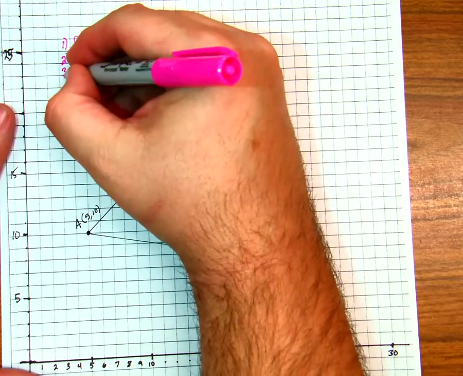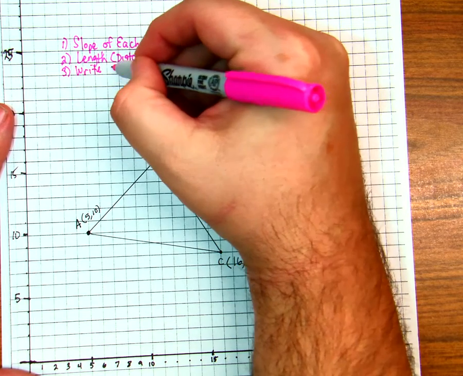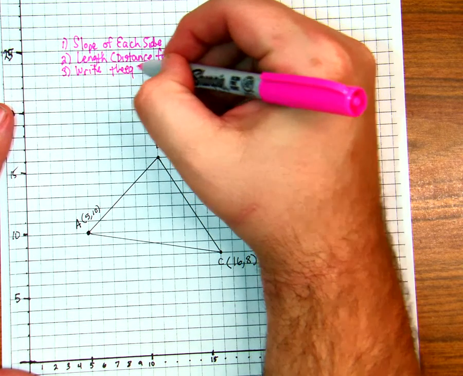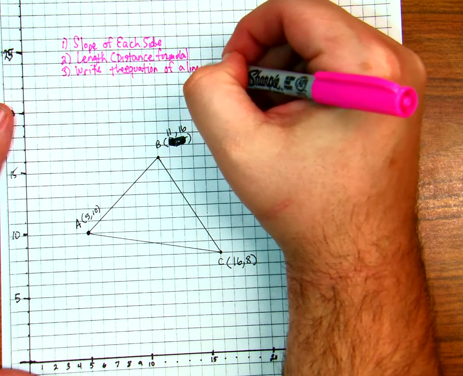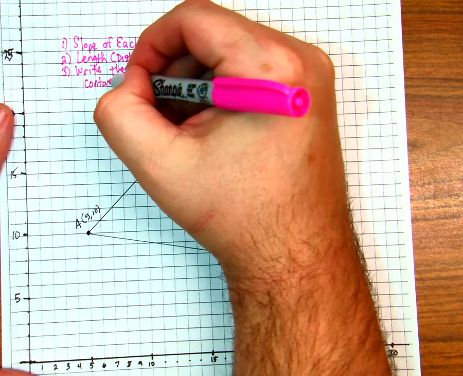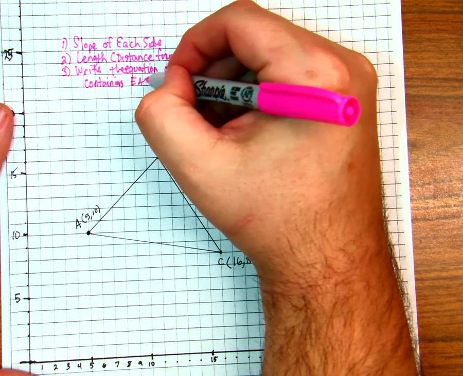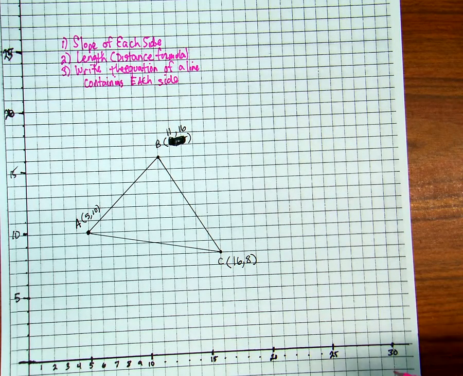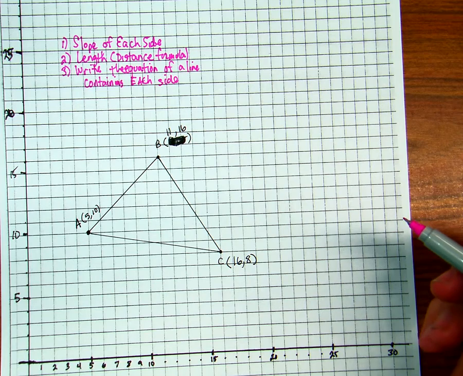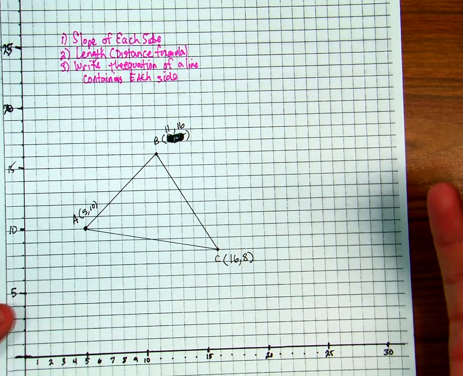And then three, what I want you to be able to do is to write the equation of a line containing each side. And these three things are going to be what we use for every shape that we're going to be dealing with.